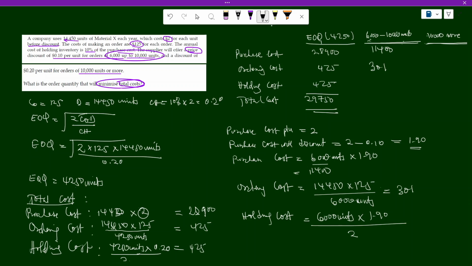What will be the holding cost? Your holding cost will be 6,000 units times 1.90, divided by 2. So 6,000 divided by 2 times 1.90.